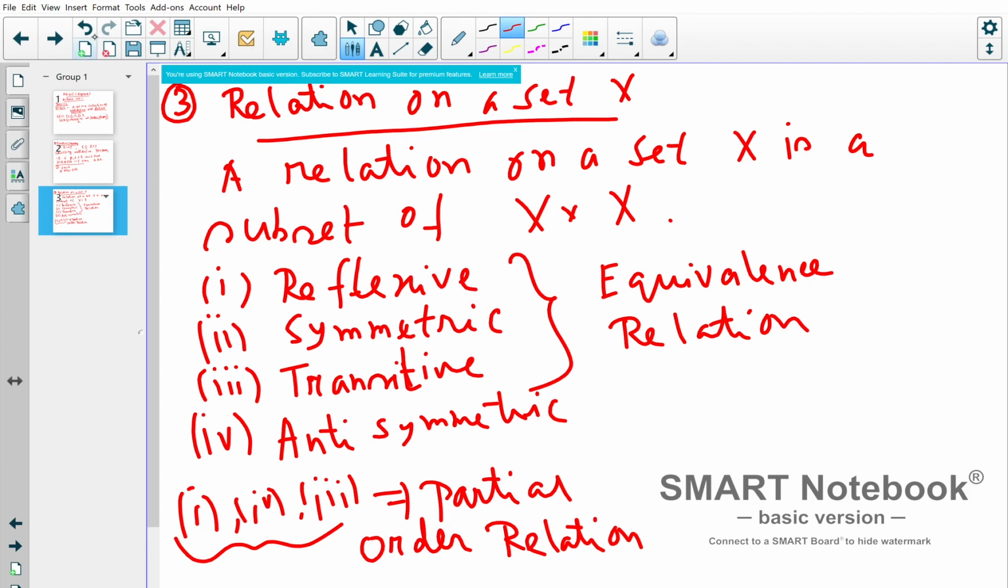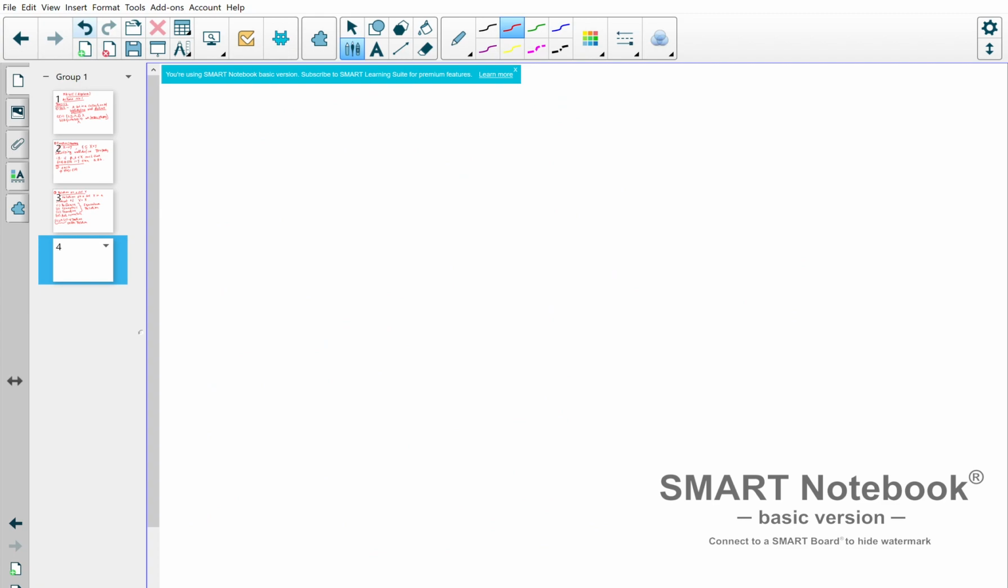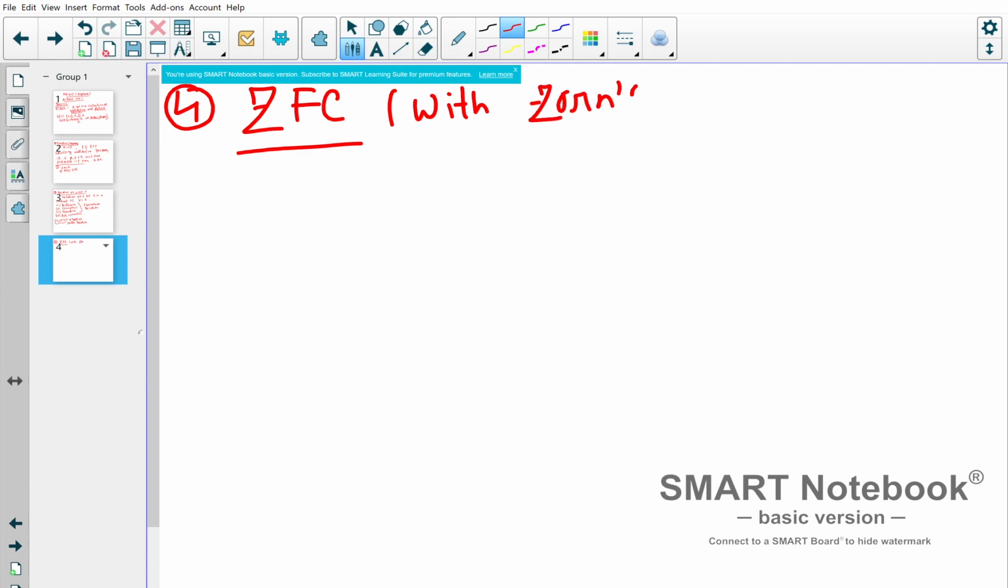Now one more thing which is important: I am assuming here something called ZFC, Zermelo-Fraenkel with choice, with Zorn's lemma. So let me write down Zorn's lemma. These are all things you must have learned in your undergraduate, so I am just going quickly.